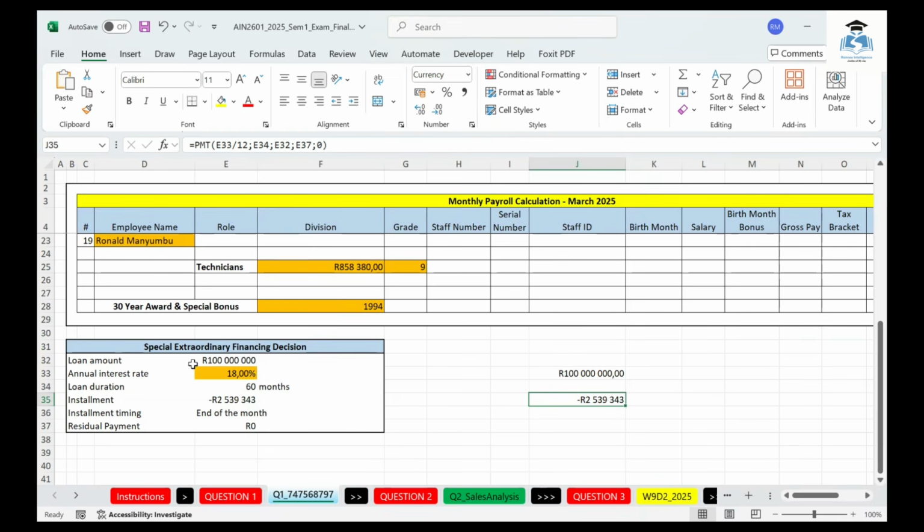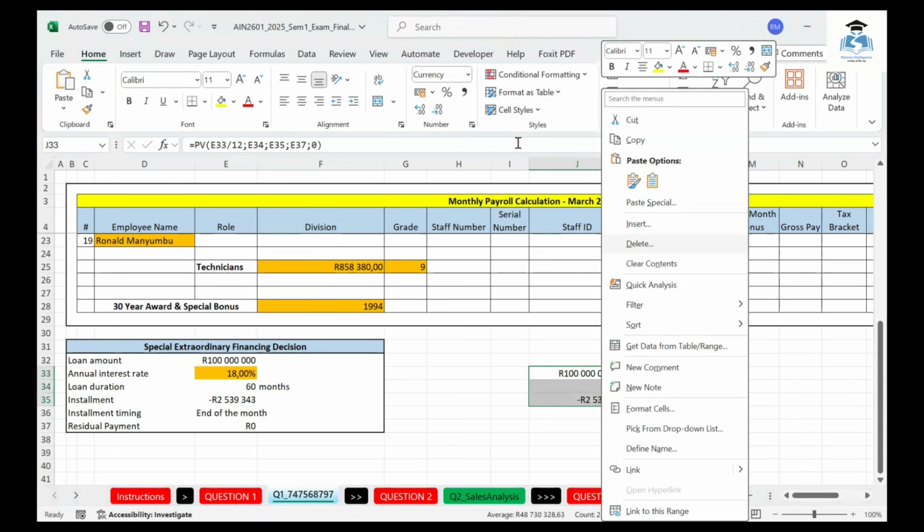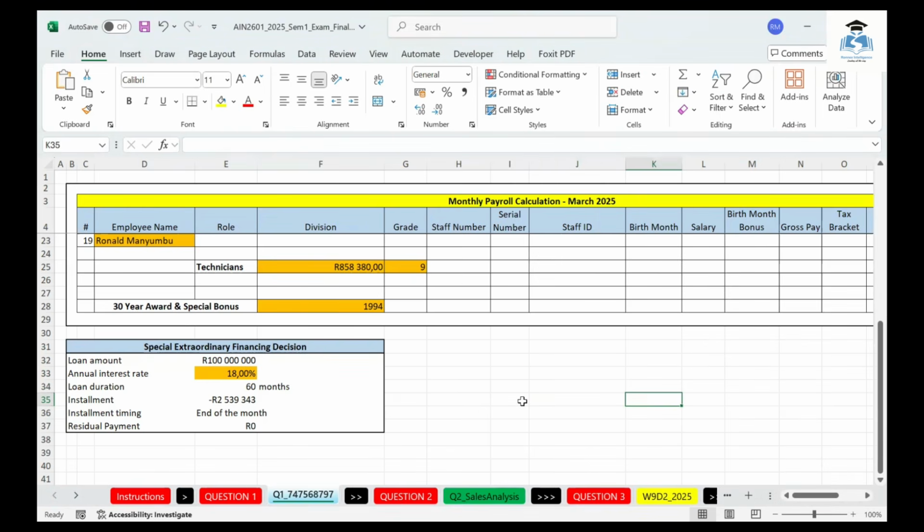So these four: the PV, the interest rate, the installments or the monthly payments, and the residual payment. That's it. Any other questions where you say, I think I didn't understand this part?